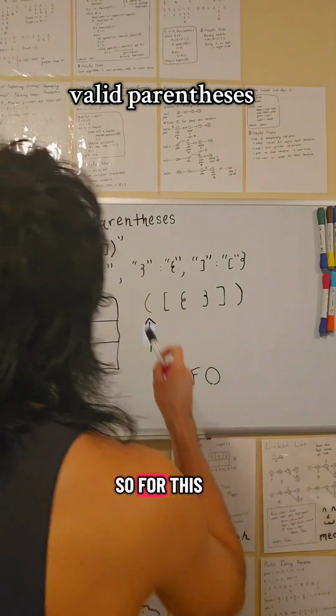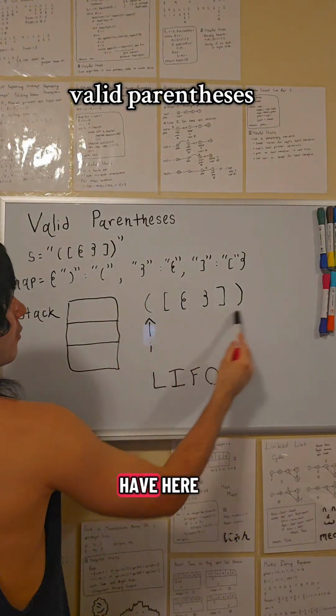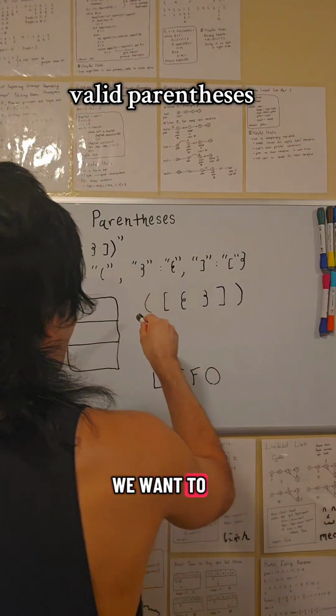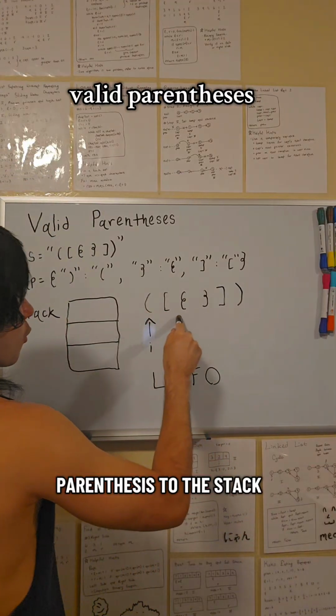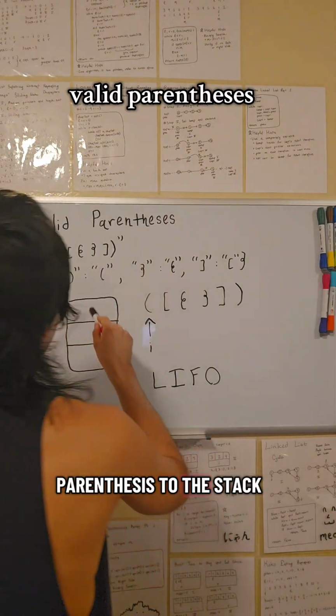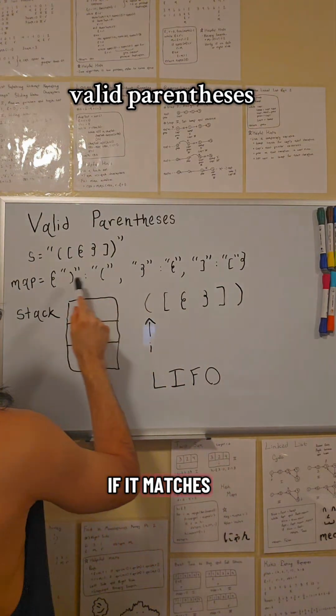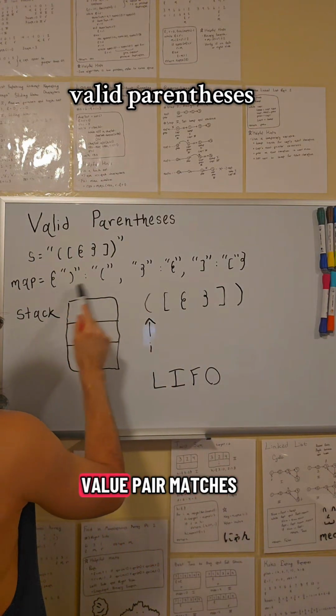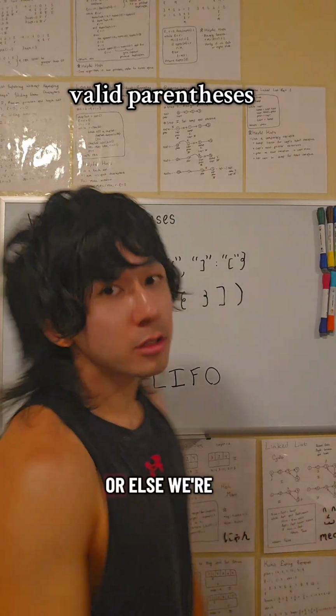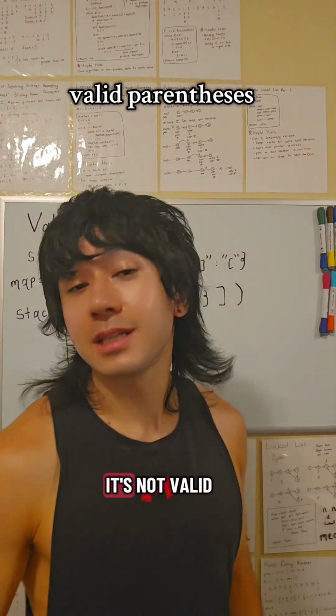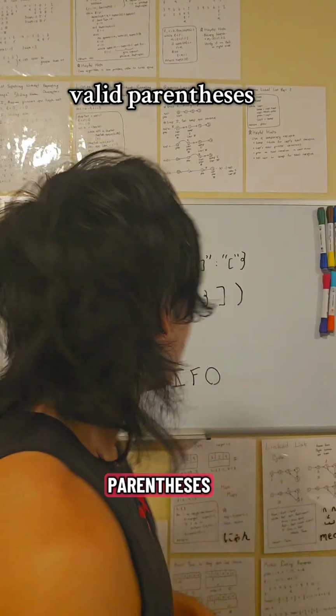So for this string that we have here, we want to add the open parentheses to the stack and then pop if the key and value pair matches, or else we're going to return false. It's not valid parentheses.